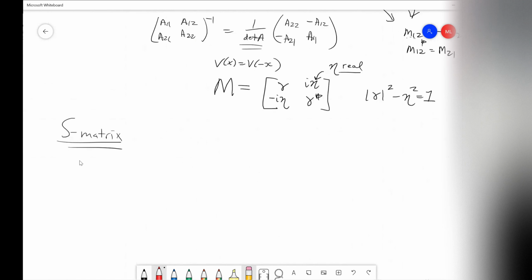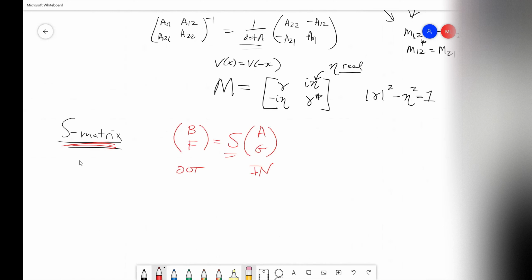So in order to connect this 1D stuff to what we'll eventually do for 3D next semester, for the most part, it's nice to introduce this S matrix. It's just like the M matrix, except it connects the out states, B and F, to the in states, A and G. So you have stuff that comes in, these coefficients, and the S matrix acts on them and gives you the stuff that comes out.